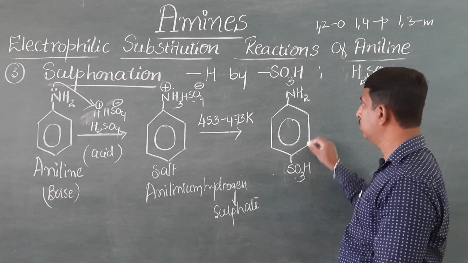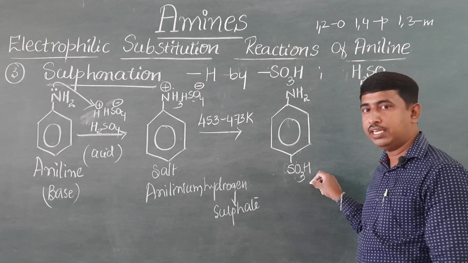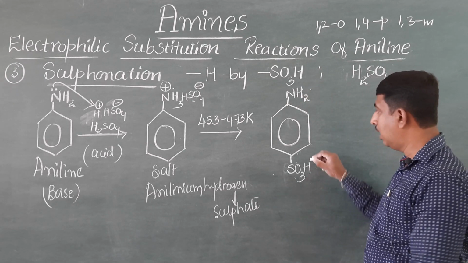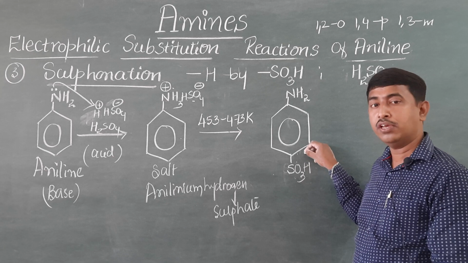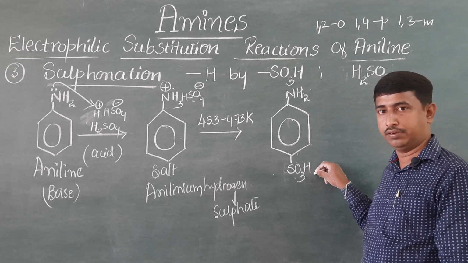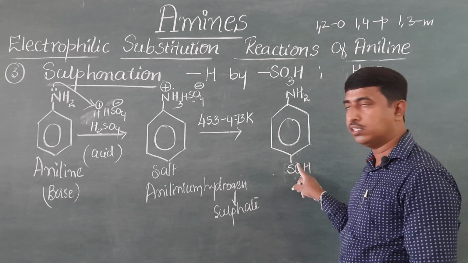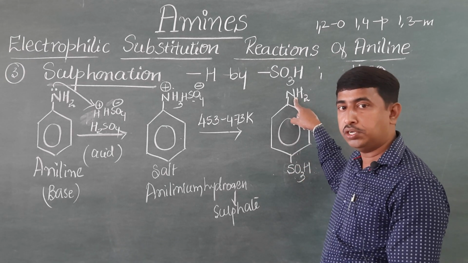Name of this compound. See, there are two functional groups. One is amino, the other one is sulfonic acid group. Out of these two, priority goes to what? Priority goes to sulfonic acid. So this is considered as the functional group, and NH2 becomes the substituent group.